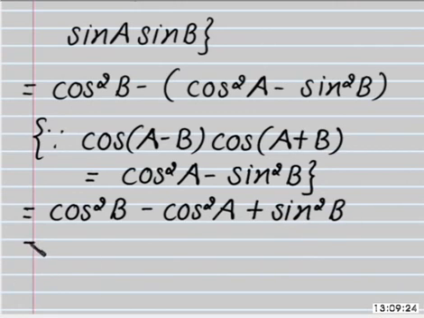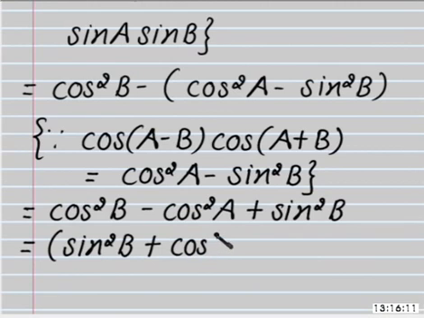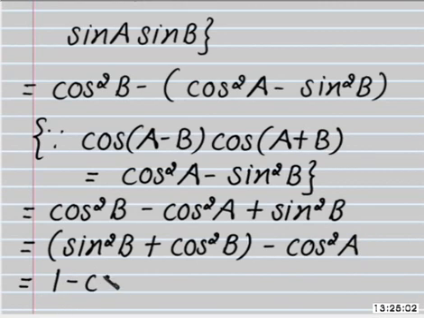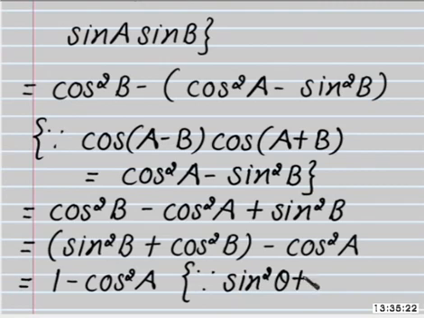Now we can write it as it is equal to sin square B plus cos square B minus cos square A. It is equal to 1 minus cos square A that we get by using the trigonometric identity sin square theta plus cos square theta is equal to 1.